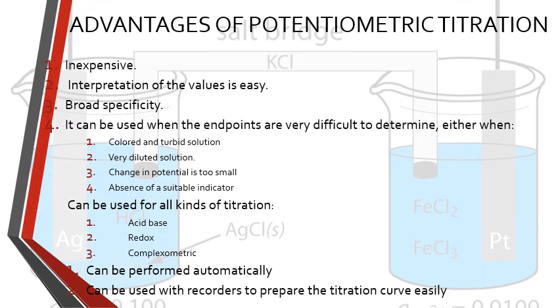Some of the key advantages of potentiometry include high precision, minimal sample preparation, and the ability to analyze both colored and turbid solutions. Moreover, it can be automated, which is beneficial for routine analysis in an industrial setting. It is applicable to dilute solutions.